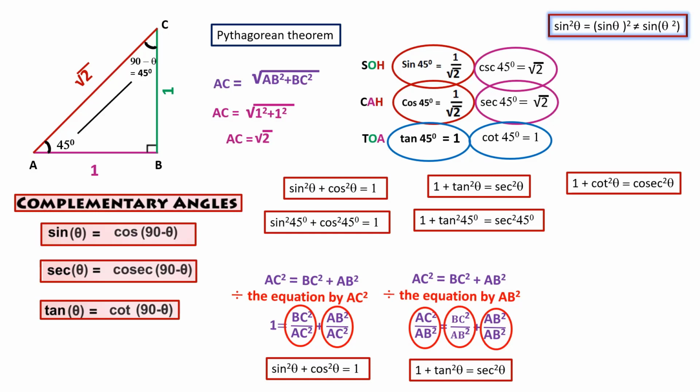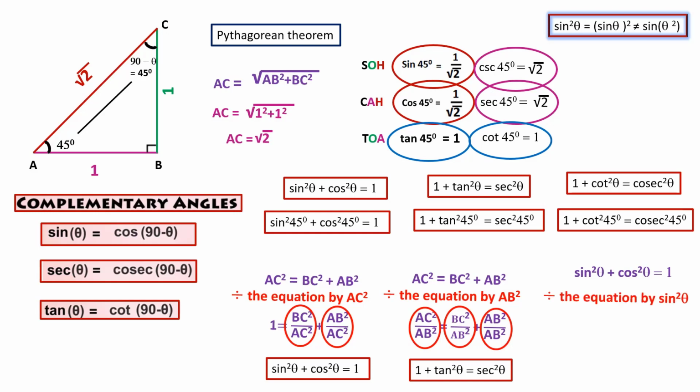Now to prove this identity, 1 plus cot square theta is equal to cosecant square theta. Take the first identity, that is sin square theta plus cos square theta is equal to 1, and then divide this equation by sin square theta. Then you get sin square theta by sin square theta, which is going to cancel.